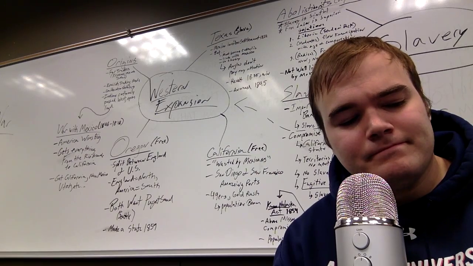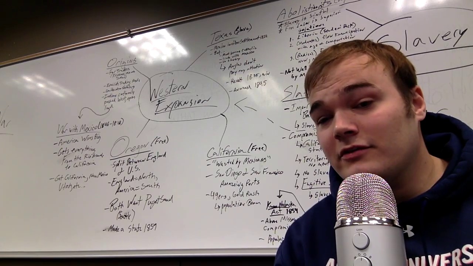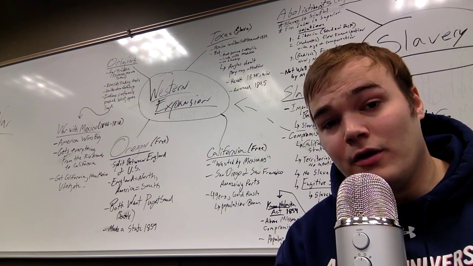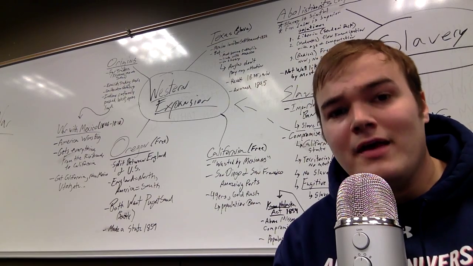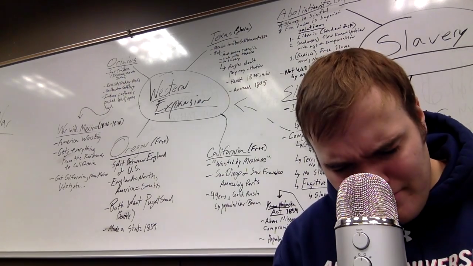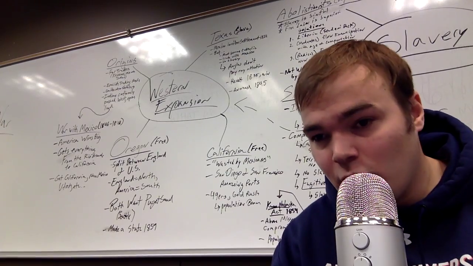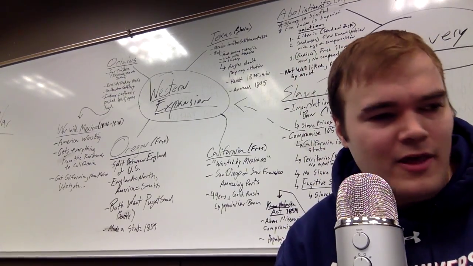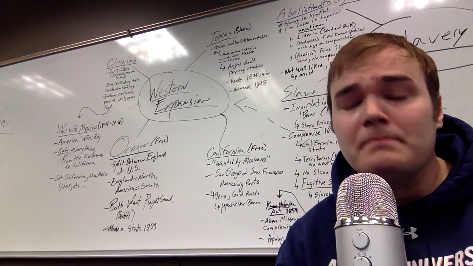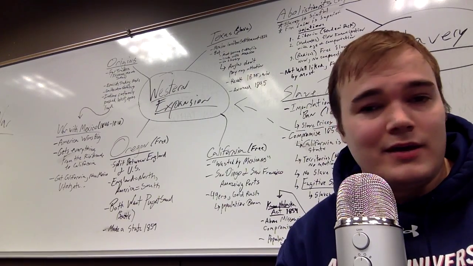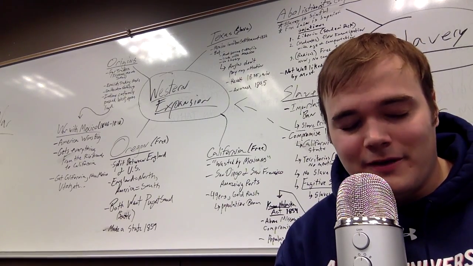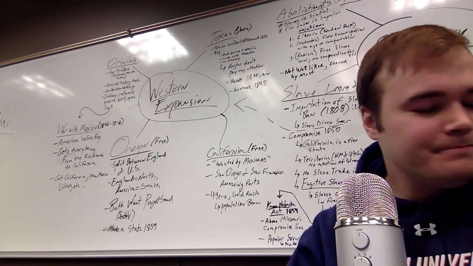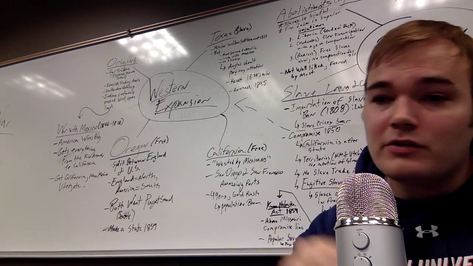So a lot of Americans get excited by this and they come out there, but there's a couple of things you have to do. You have to convert to Catholicism. You have to trade with Mexico, and no slavery in Texas. Americans say, cool, that's fine. They don't do any of that. They basically ignore everything, and they settle down and kind of do things their own way.